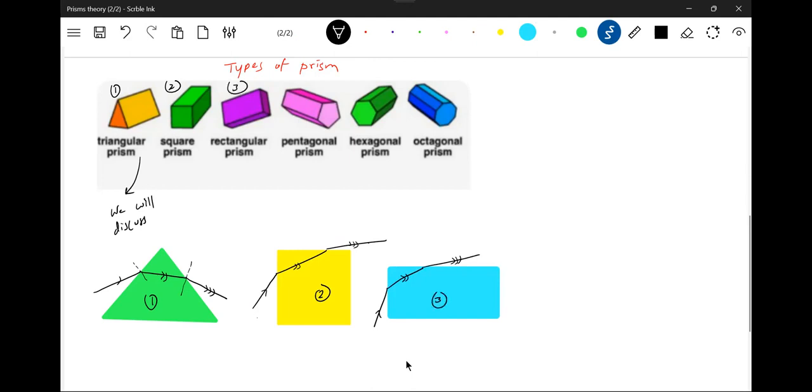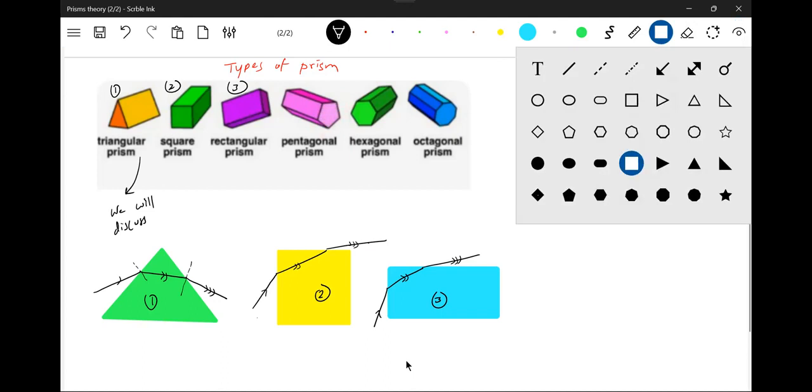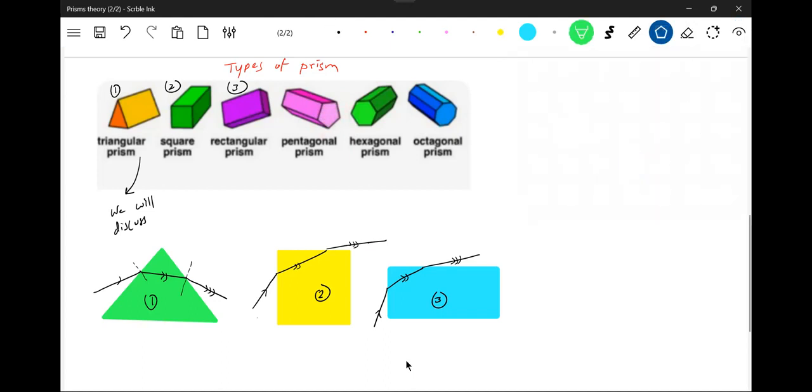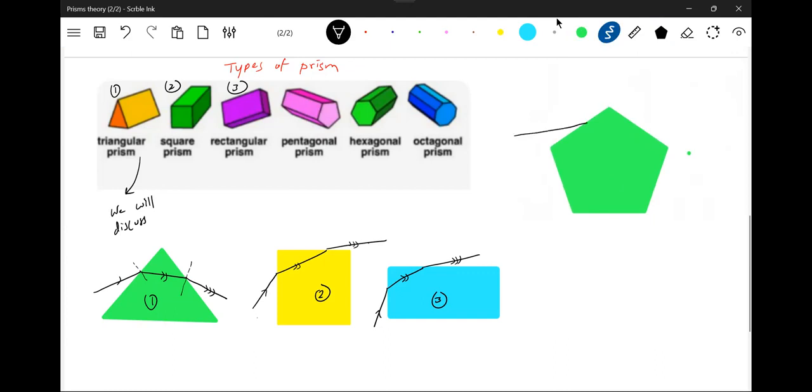Then the pentagonal prism is this one. Pentagonal, how many sides? Five sides are there. Let me try, I do have a pentagon. Here also I can bring the idea that the ray of light which is incident will undergo refraction.